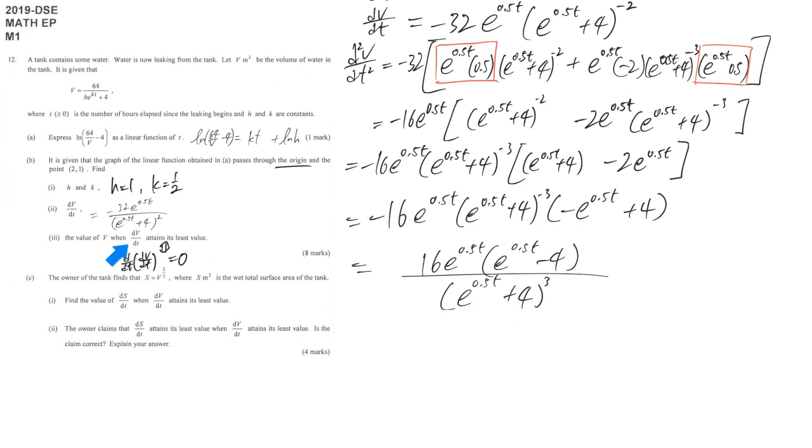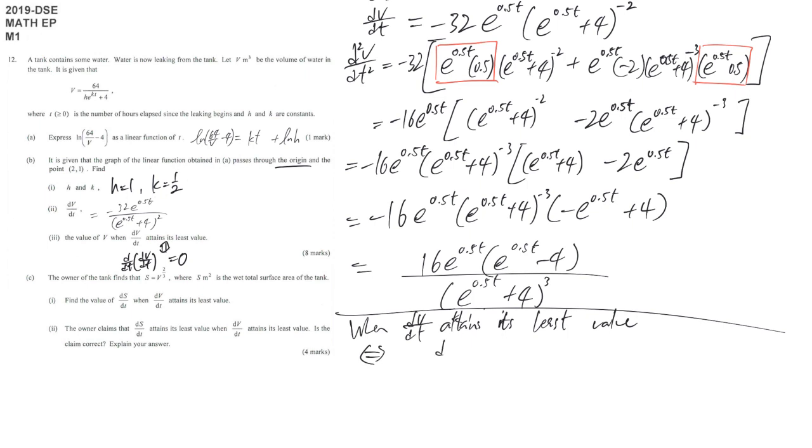We are going to evaluate when dv dt attains its minimum value, its least value. After we get the second order derivative, we still need to find out the corresponding t to make it become 0. When dv dt attains its least value, the second order derivative is equal to 0.